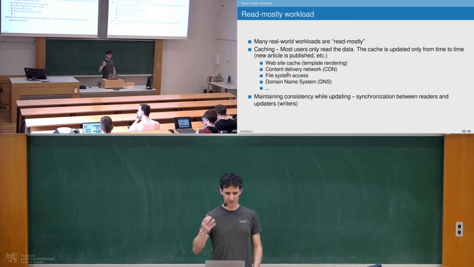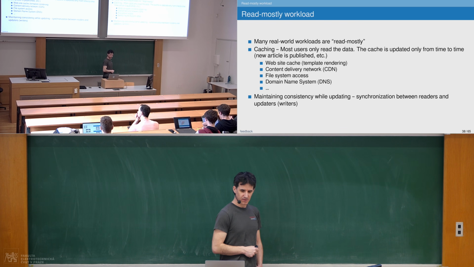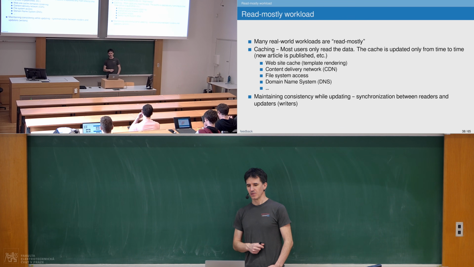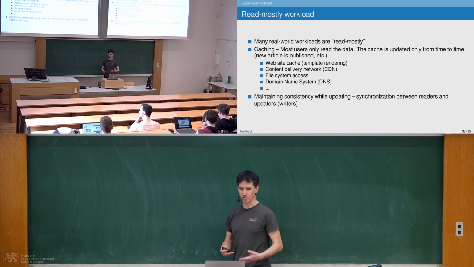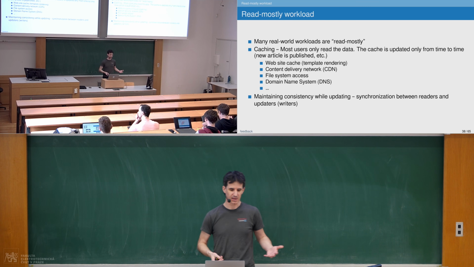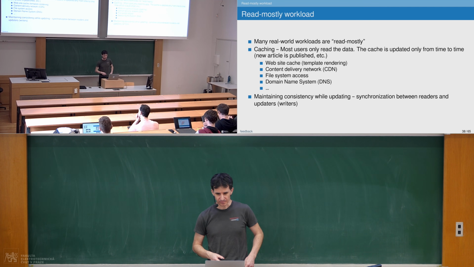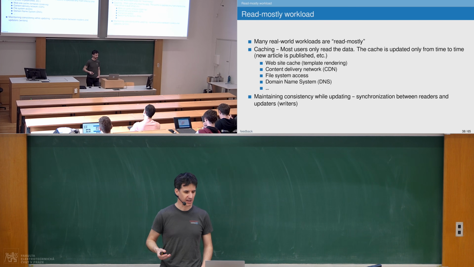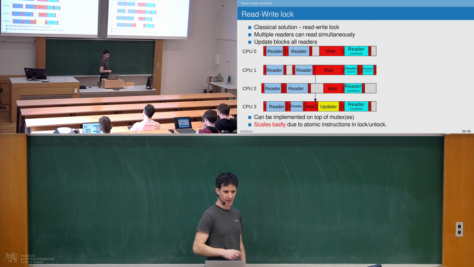File systems, DNS, distributed data are all examples of read mostly workloads. Thousands or millions of clients are just reading the data, and only from time to time somebody updates it. So clearly using mutexes for this kind of workload is pointless.